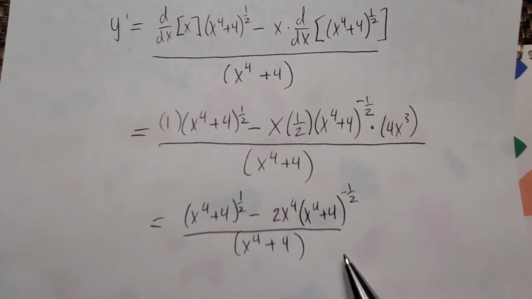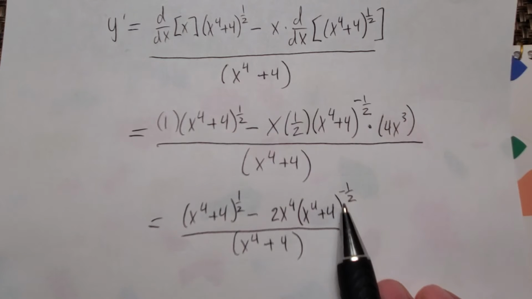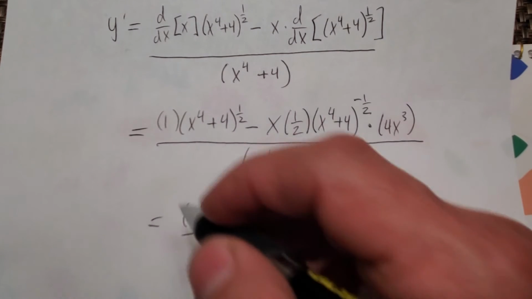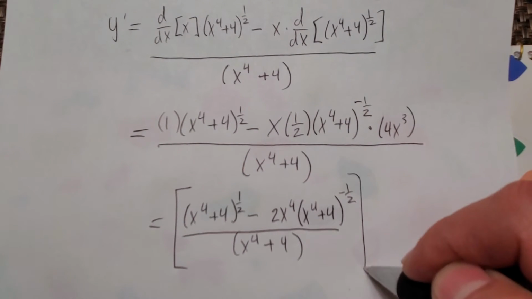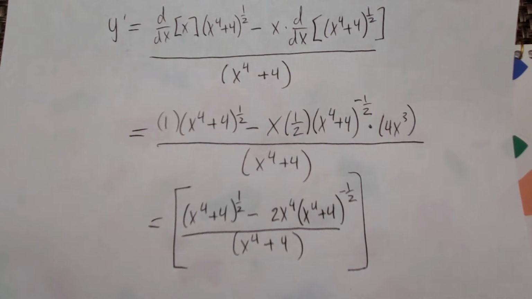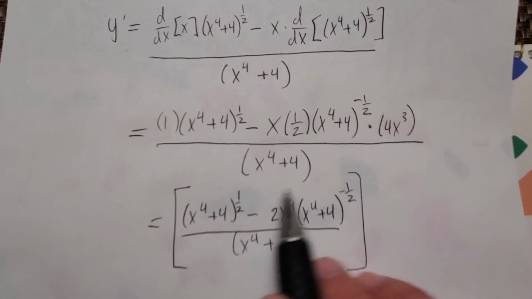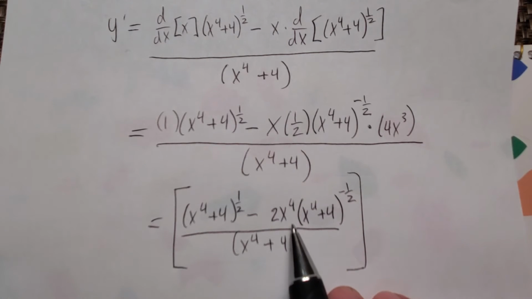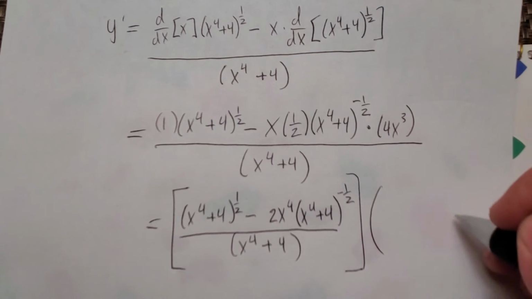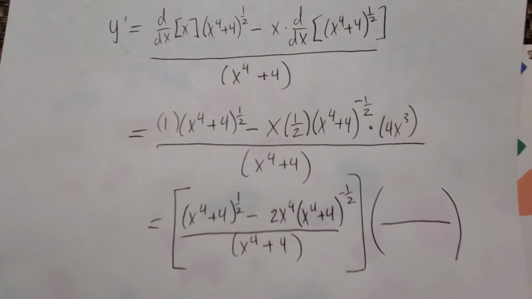Now, what I want to do next is get rid of this negative exponent. So I'm going to put brackets around the entire thing to show that I'm about to multiply this entire thing by something. Well, what am I going to multiply by? I'm going to multiply by something over itself.